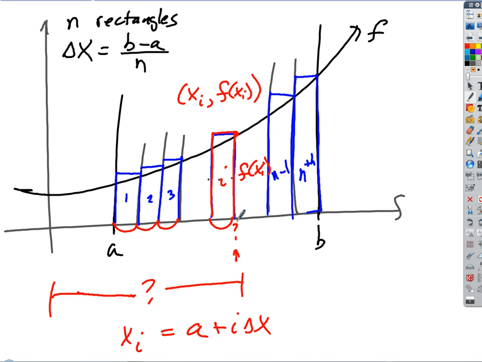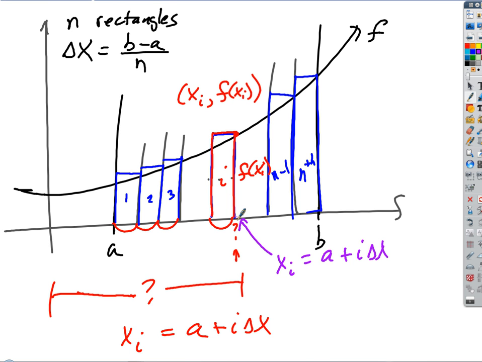So we could call this position right here x sub i, and we said that has to equal the starting place plus the distance of my i steps: a plus i delta x. The area of that rectangle is simply delta x times the value of the function at a plus i delta x.